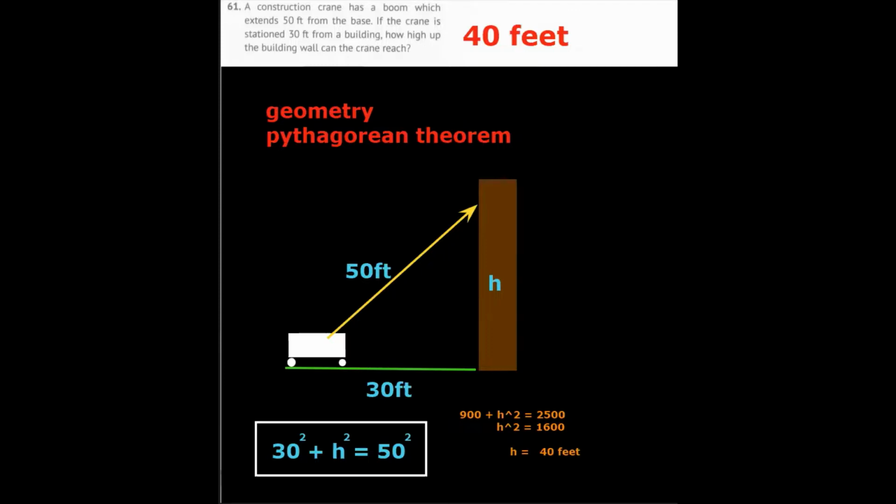Subtracting 900 from both sides, h squared is 1,600, and h equals 40 feet. The crane can reach 40 feet along the height of the building when stationed 30 feet away from the building base. The correct answer was 40 feet.